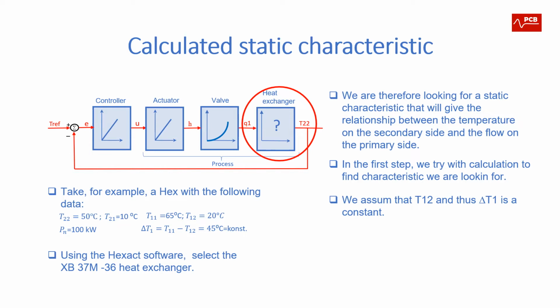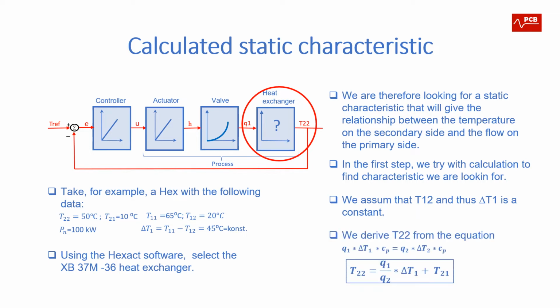For this purpose, let us make the assumption that the return temperature on the primary side is constant, and therefore also delta T on the primary side is constant. We know that this is not true, but it will make the calculation much easier.